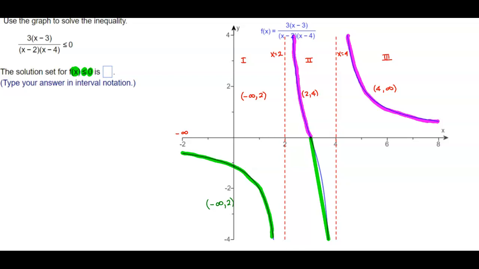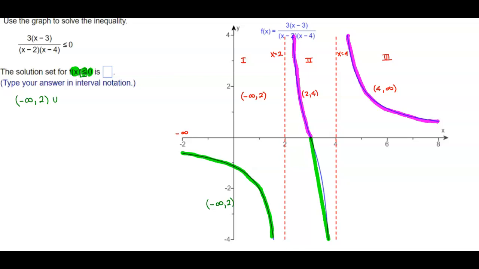Because 2 is a vertical asymptote, we cannot put a bracket there, since less than or equal to means we would have to include that point, but we can't, so we need a parenthesis.